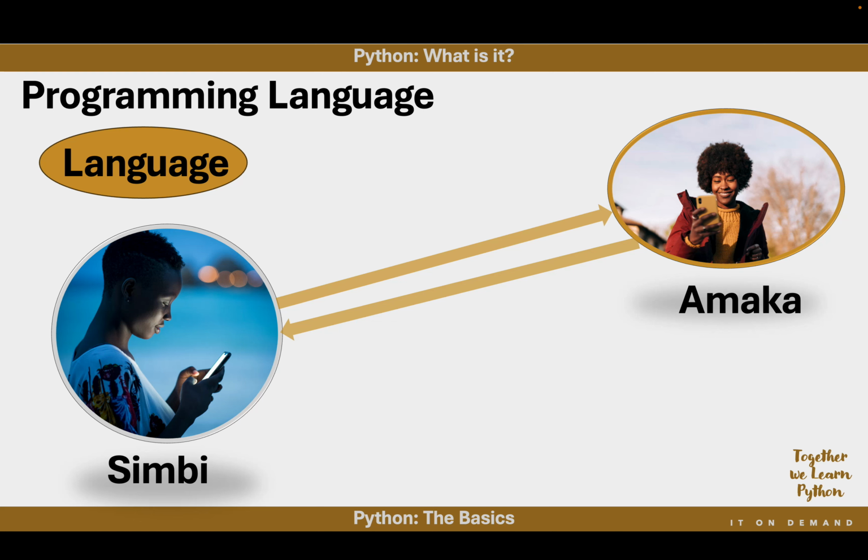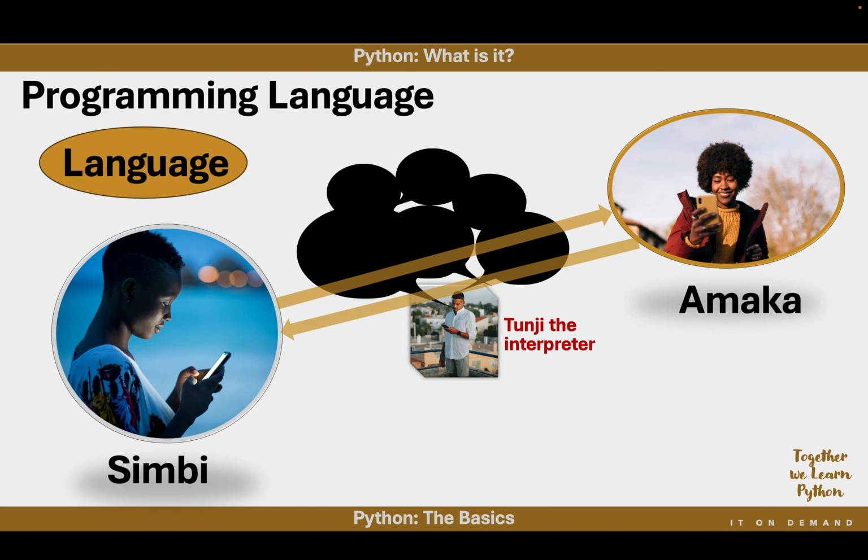And so there's this other guy called Tunji who is the interpreter. And Tunji now takes the words that Simbi speaks in Hausa if you're a Nigerian, or in Chinese if you're watching from outside the country. Tunji understands both languages that Simbi and Amaka speak.